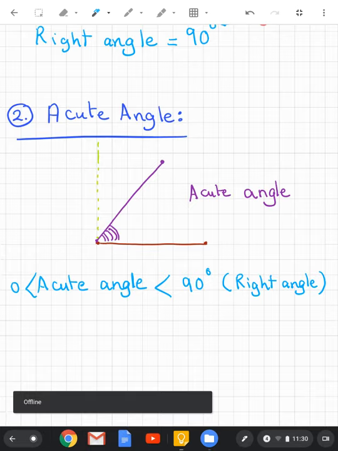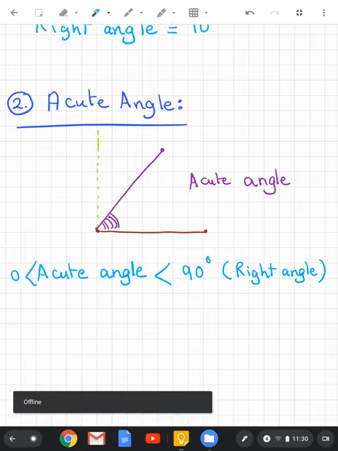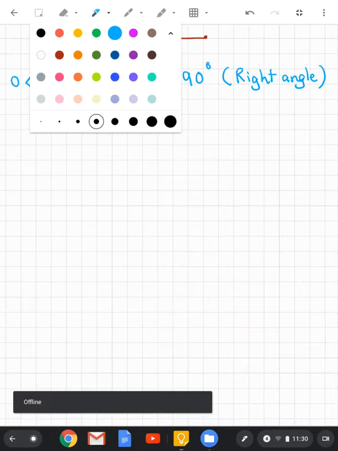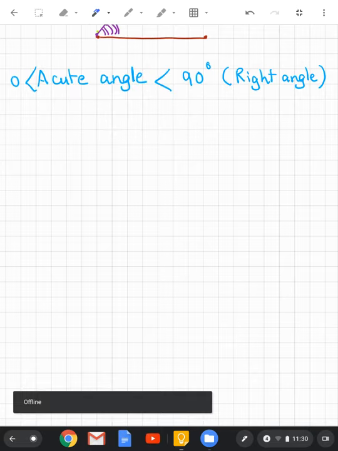Our third type, of course, will be the angle which is more than the right angle. We call it obtuse angle.